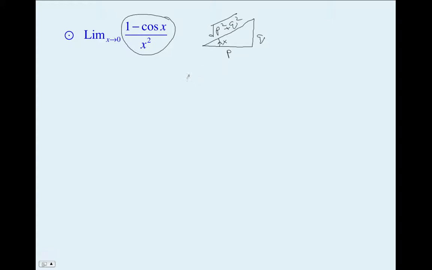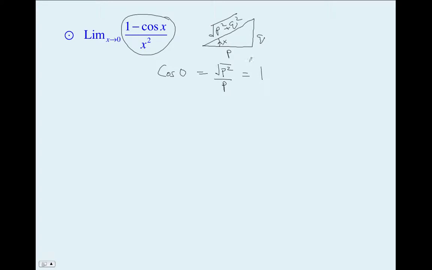But let me simply make the comment first that if I take cosine of 0, which means that when x is exactly 0, then Q is exactly 0, in which case cosine of 0 is the square root of P squared divided by P, which is 1.